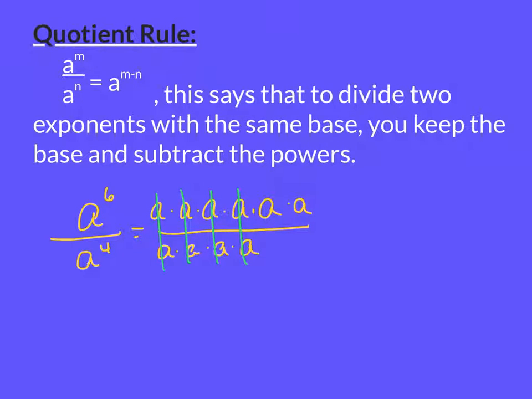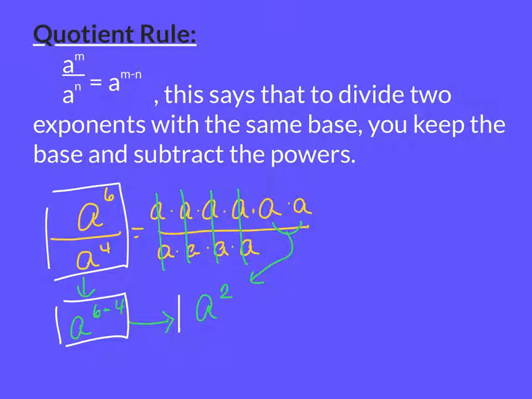Those will cancel. I'm left with a times a, which is a to the second power. And if I'd done what that step said, a to the 6 minus 4, of course, is a to the second power. So this shows how this works.